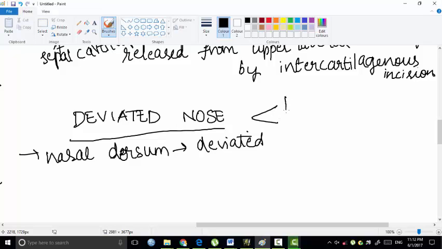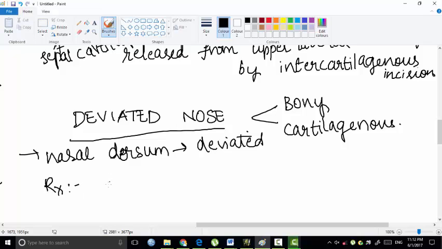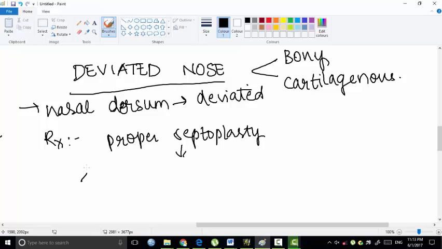Again it may be bony, or it may be cartilaginous, right? So now here, how do you correct it? It's the same way, by proper septoplasty if it's cartilaginous, and also release the septal cartilage from the lateral cartilages.